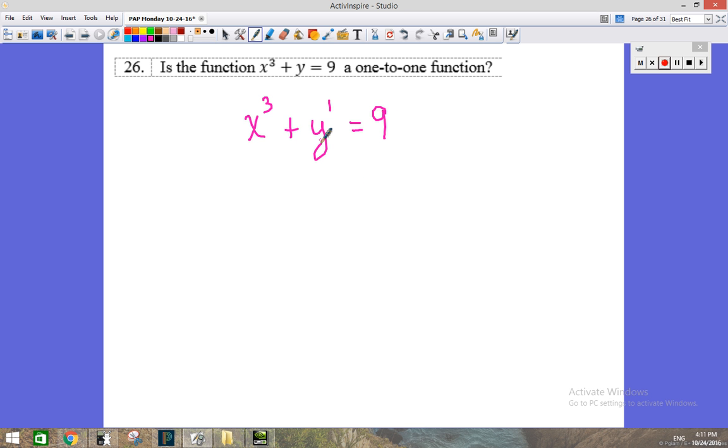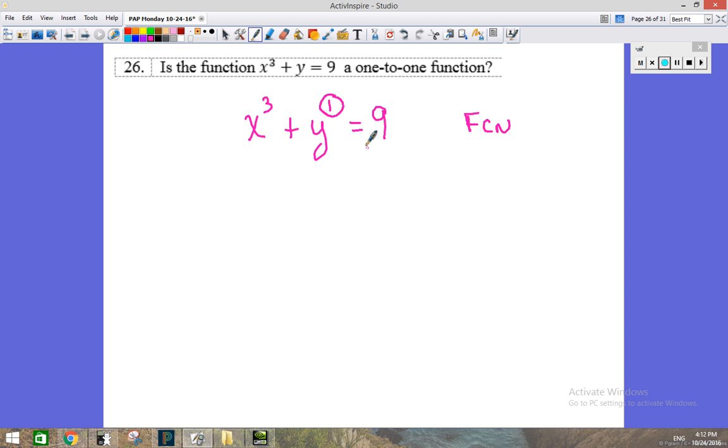When we were determining whether or not this equation represented y as a function of x, we focused our attention on the exponents on y. And if there were no absolute value symbols, no plus or minus in the equation, and the exponent was an odd number, it was a function. So when I look at this equation, I know, yes, this is a function.